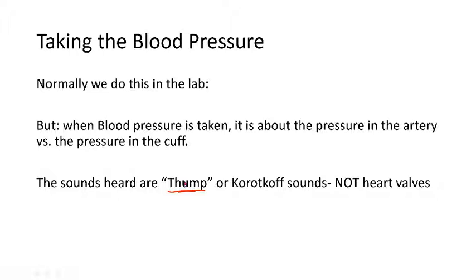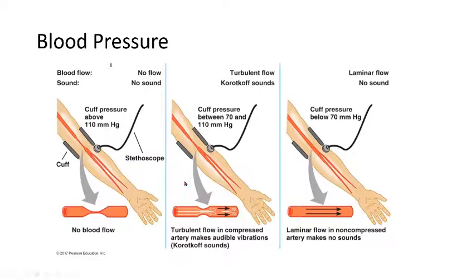And here's what we have. If we take the cuff and we put it above your systolic pressure, we should hear nothing, no sound at the stethoscope. And there's no blood flow because we've used the cuff to literally compress the artery to the point where blood can't flow through. Then we start to release the pressure.